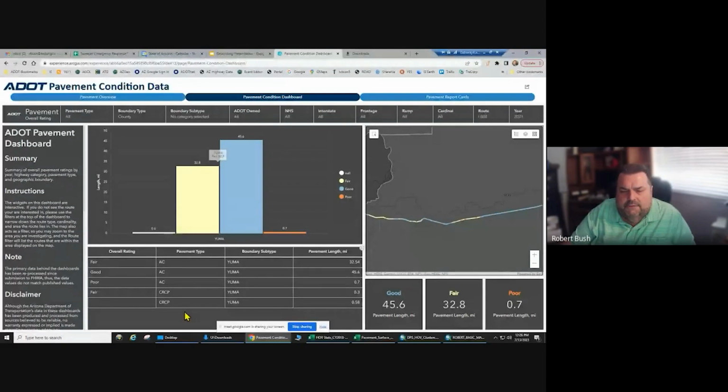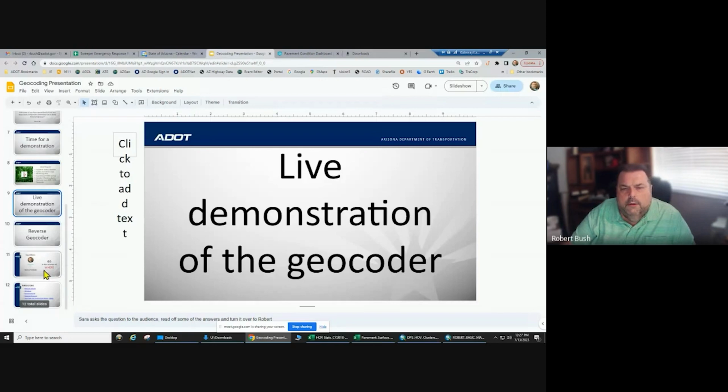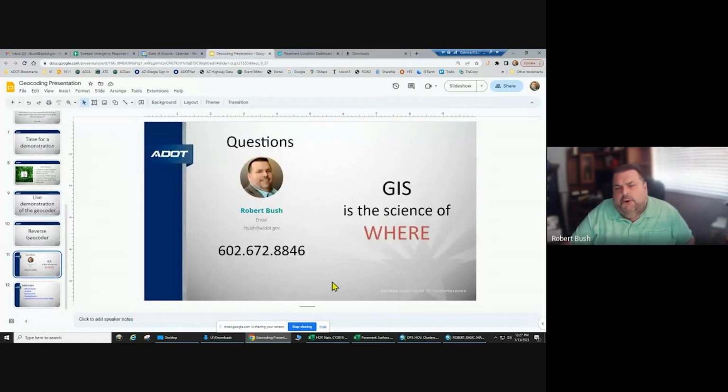Here we go. That's my cell phone number there, and the email address is a little small. It's rbush@azdot.gov.